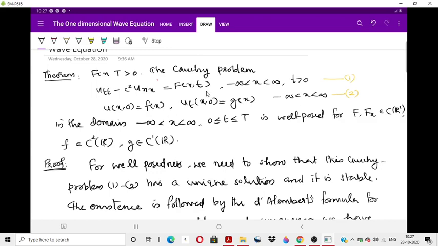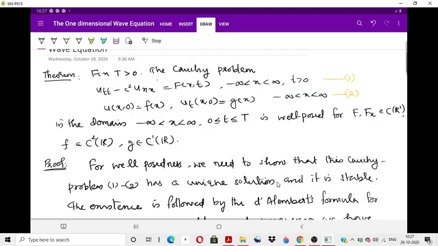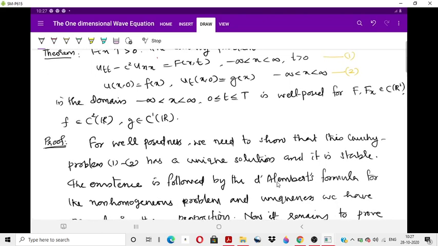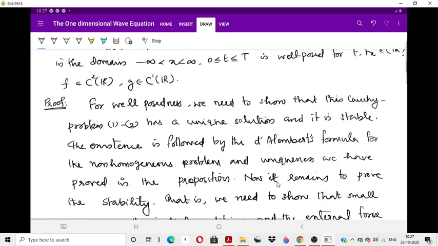In this non-homogeneous case, we have already proved the existence by D'Alembert's formula for the Cauchy problem of the non-homogeneous one-dimensional wave equation. And by a proposition, we also proved the uniqueness: if there is a solution, then it must be unique. That we have already proved by a proposition.